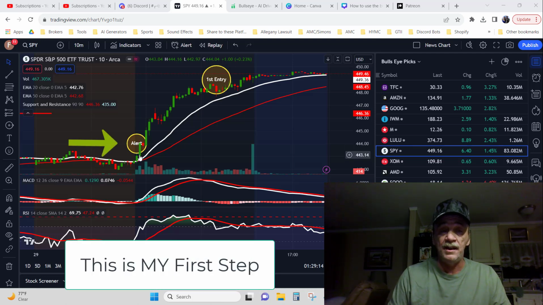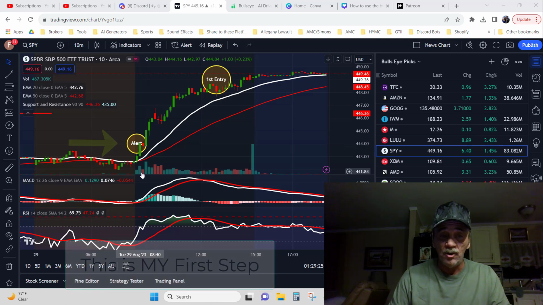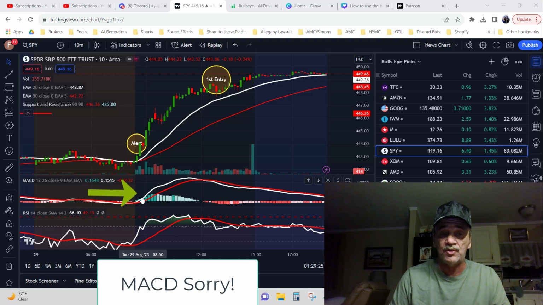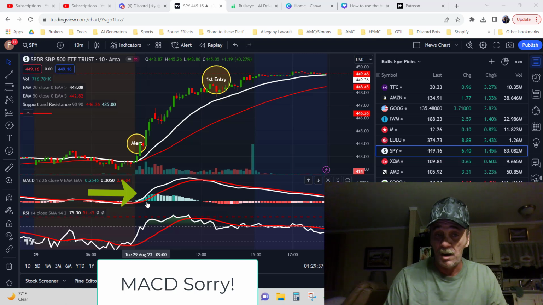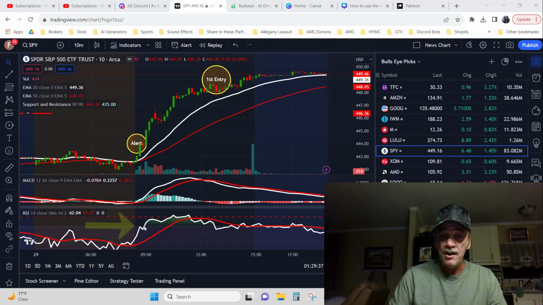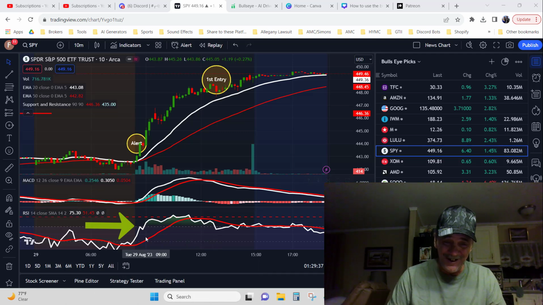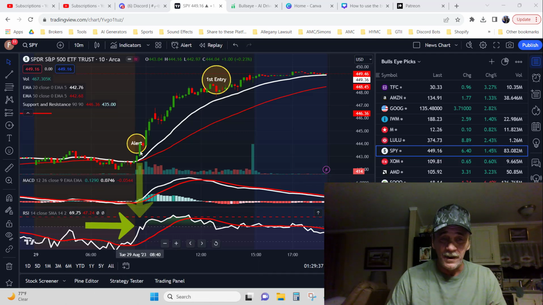In this particular case, I'm on the SPY, and the alert came in right here to buy a put. A quick look down at my RSI told me it had just crossed over, and the histogram is showing me that it's having strong buy pressure. Down here is the MACD, I'm sorry, and down here in the RSI, when the alert came in, I could see that it was over.